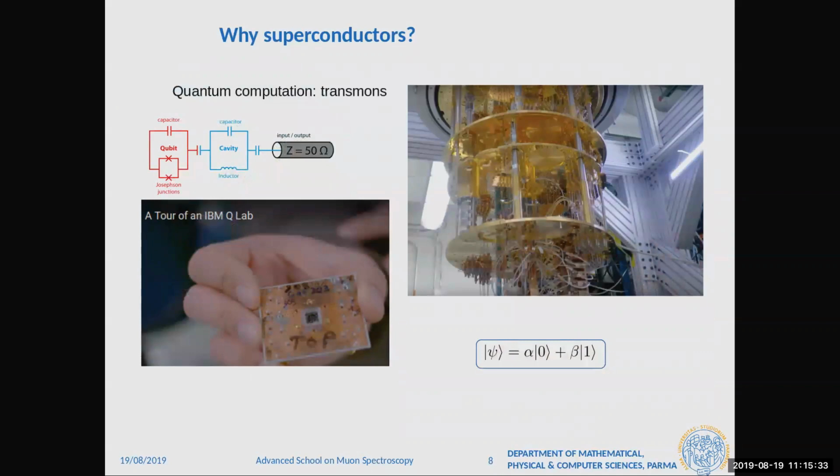But there is another possible application that is coming, that is quantum computation. This is the existing IBM quantum computer. You can apply for computer time there. And it's based on qubits, and qubits have Josephson junctions within, so superconducting.